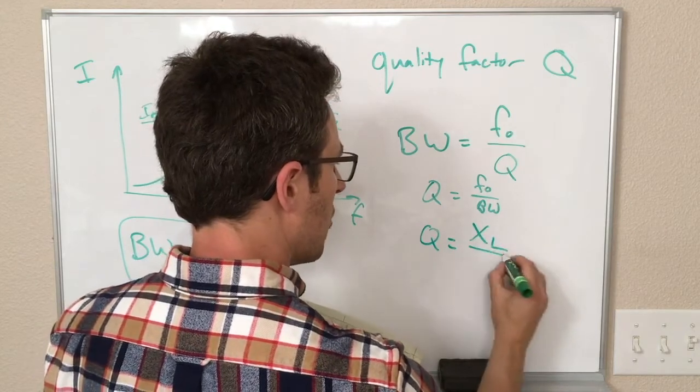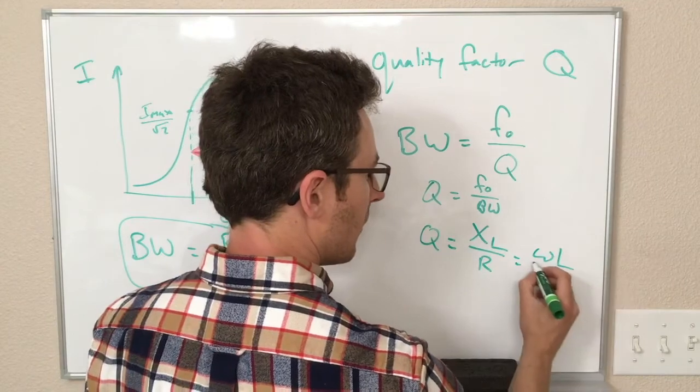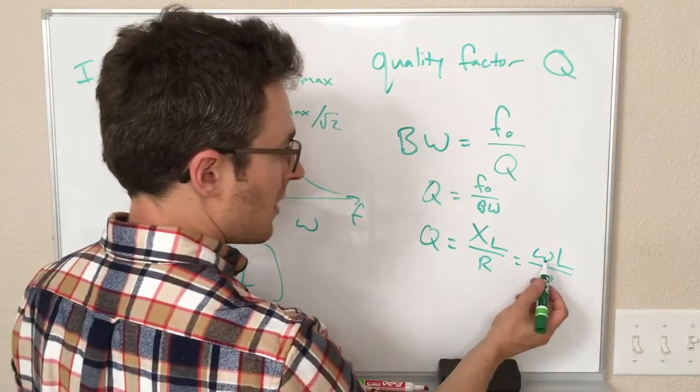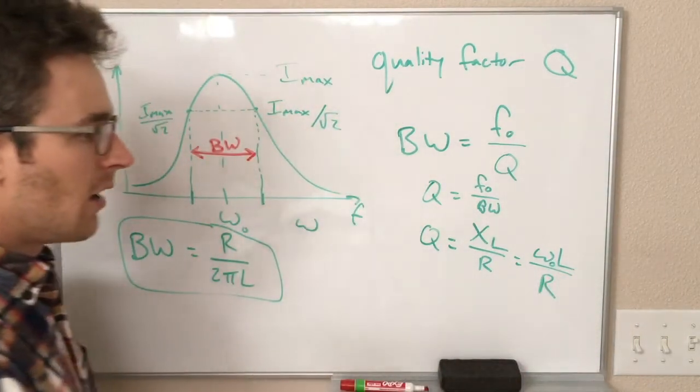One last equation, Q is also equal to XL over R, so that's the inductive reactance, that is omega L over R. Oh, and this is at the resonant frequency, so that has to be omega naught, actually.